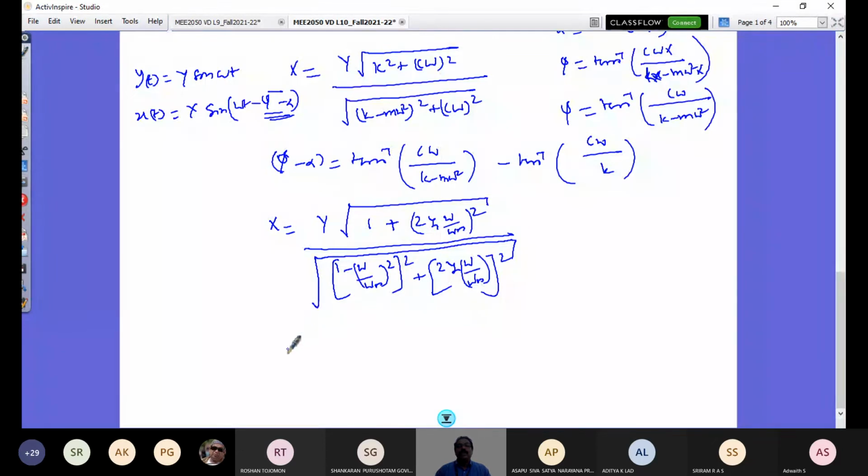So this is quite useful now to define what is called displacement transmissibility. That's called T subscript D. This ratio. So what is that?